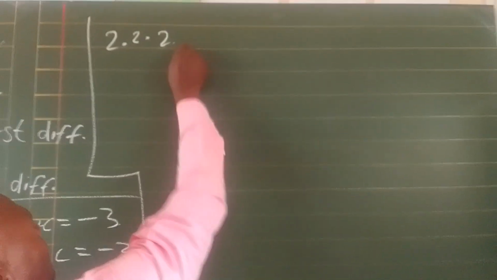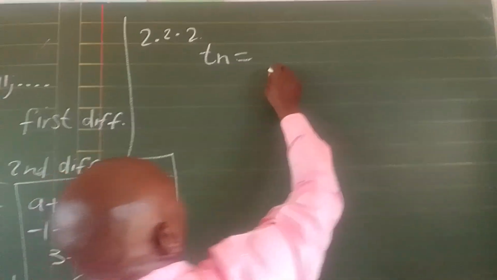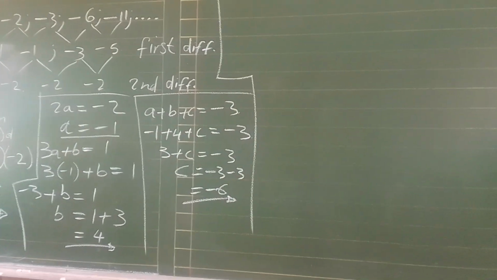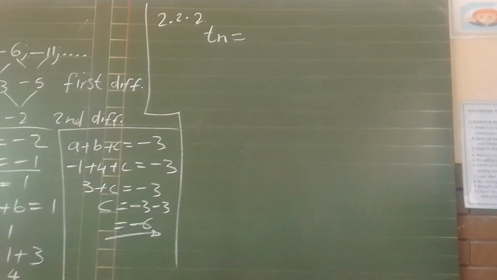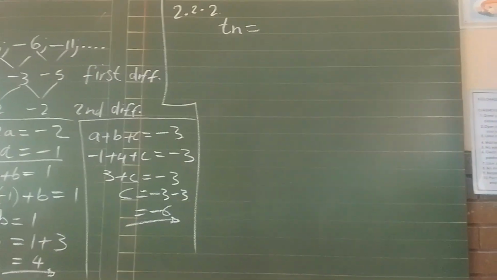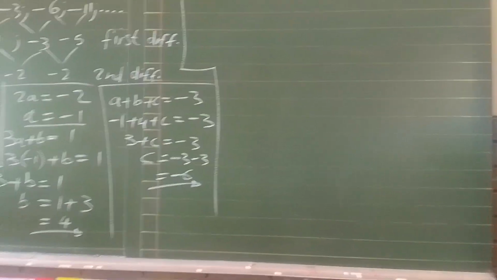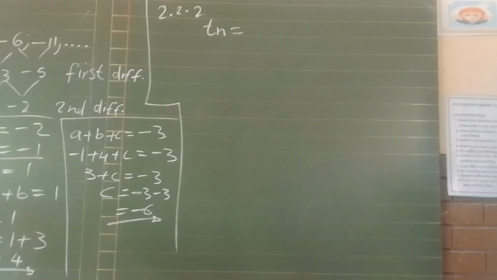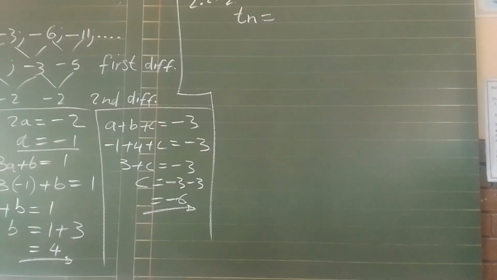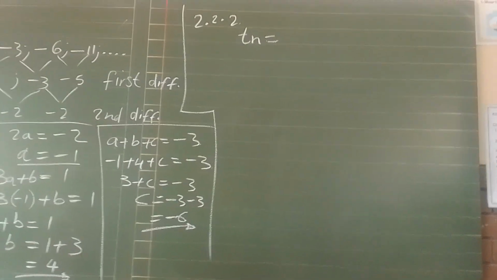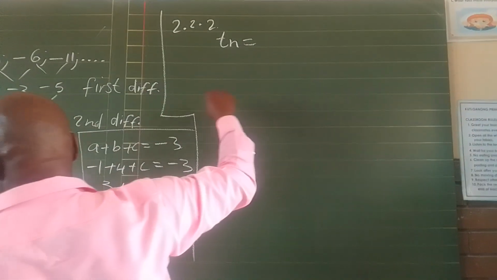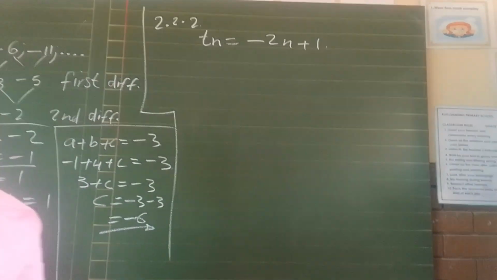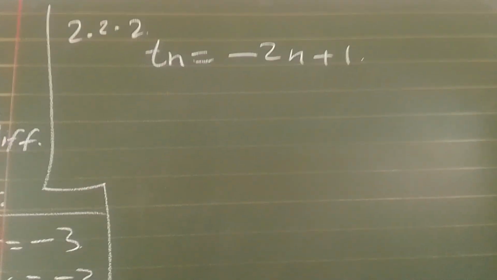We have found our general term here to be Tn equals -2n plus 1.